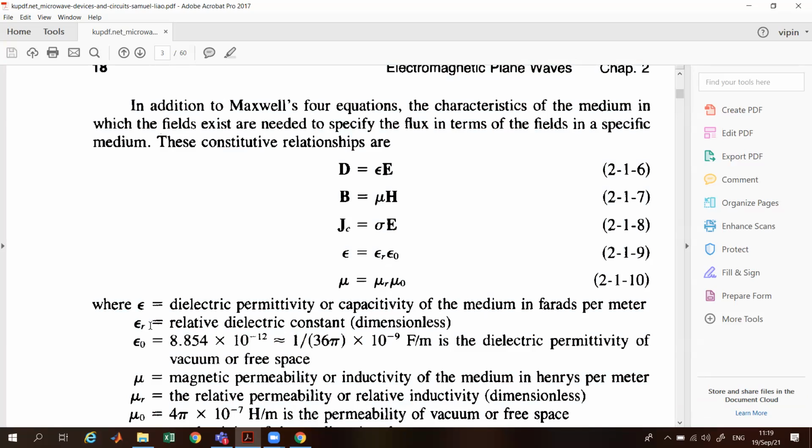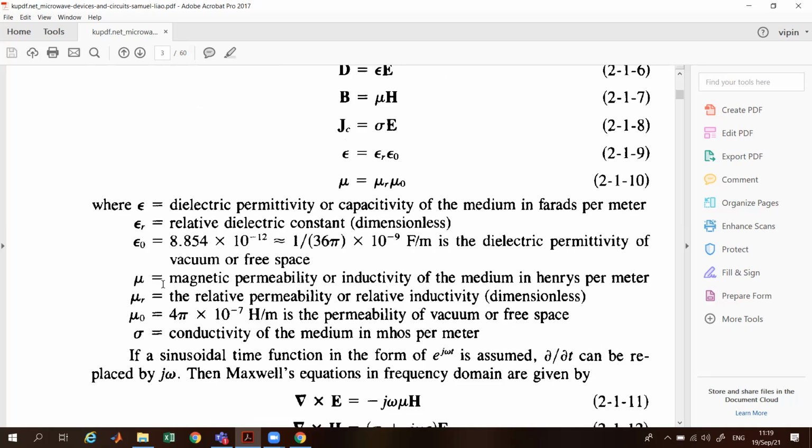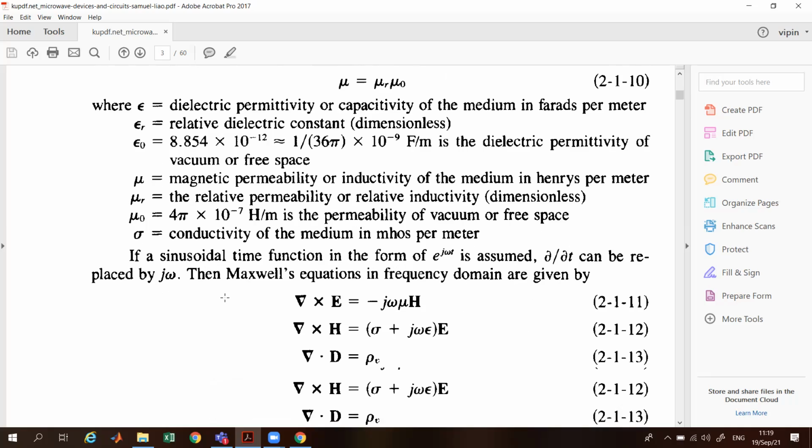Epsilon r is your relative dielectric constant, and epsilon naught is equal to 8.854 into 10 raised to the power minus 12, the dielectric permittivity of vacuum or free space. Mu is the magnetic permeability or inductivity of the medium in Henrys per meter. So these are basically all the values of the constants which we are going to use.